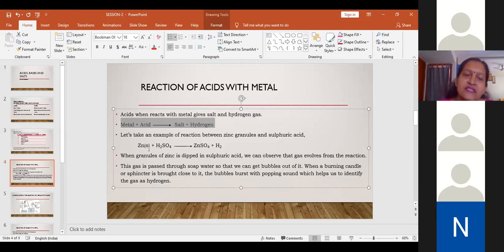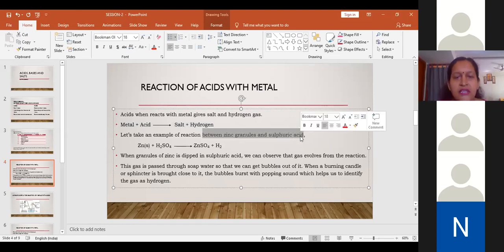The reaction given in your book is of zinc granules reacting with sulfuric acid. Zinc granule here represents the pure zinc metal, and sulfuric acid has the chemical formula H2SO4. Now, when they react, the product that is formed is ZnSO4 plus H2.